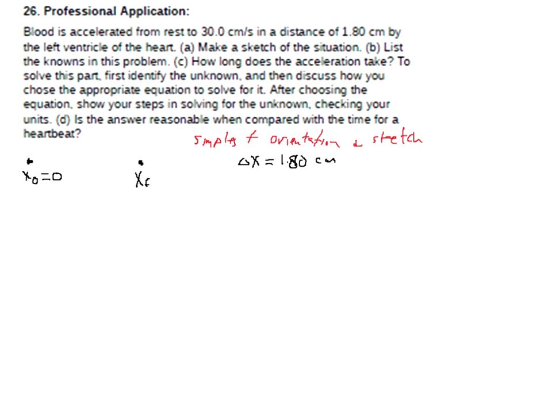But the simplest thing would be to say, okay, here's where our number line starts, which means that this is where our number line ends in this case. It's eventually going to ask us how long does the acceleration take. So we're going to have a t0, so a t initial, and a t final.